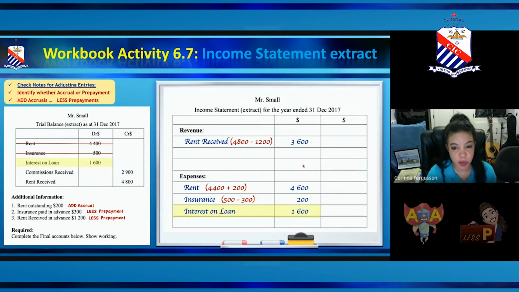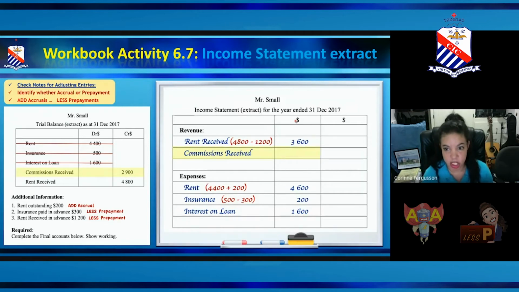Commissions received, once again, you check your income statement. Do we have anything for commissions received? No, we do not. Okay, so we put in our interest on loan, and that is why we now crossed it out. But now we're going to commissions received. We did not do that. So you have to go into your revenue and put your commissions received.